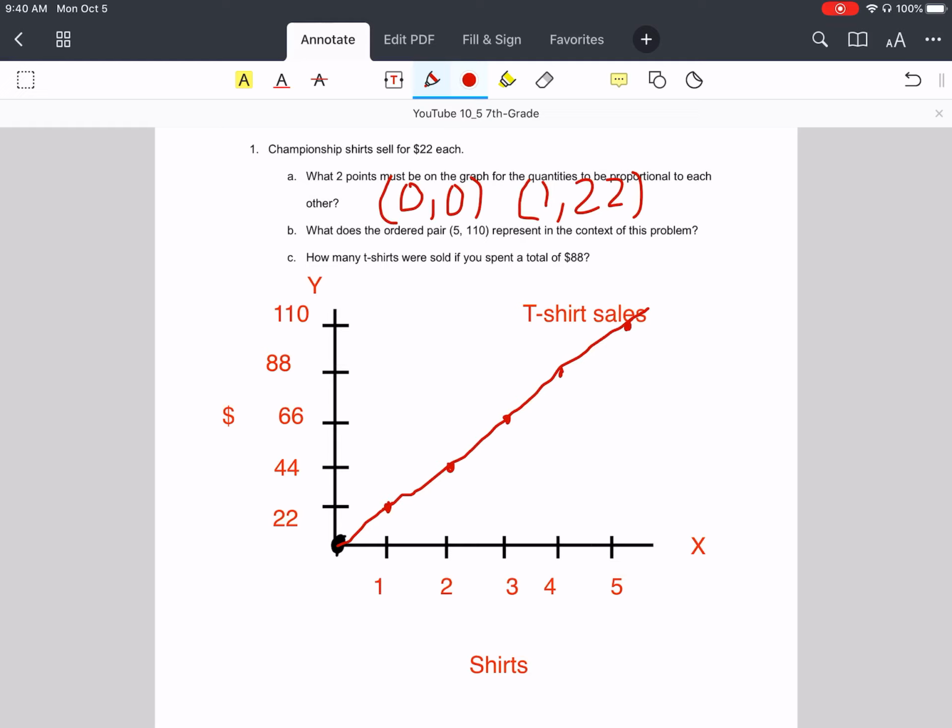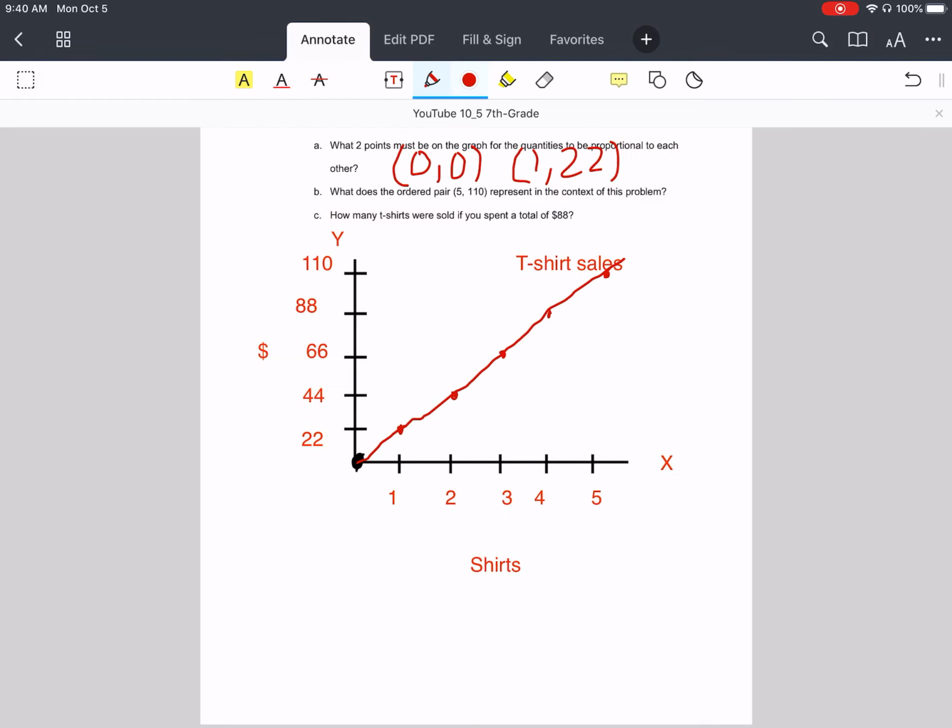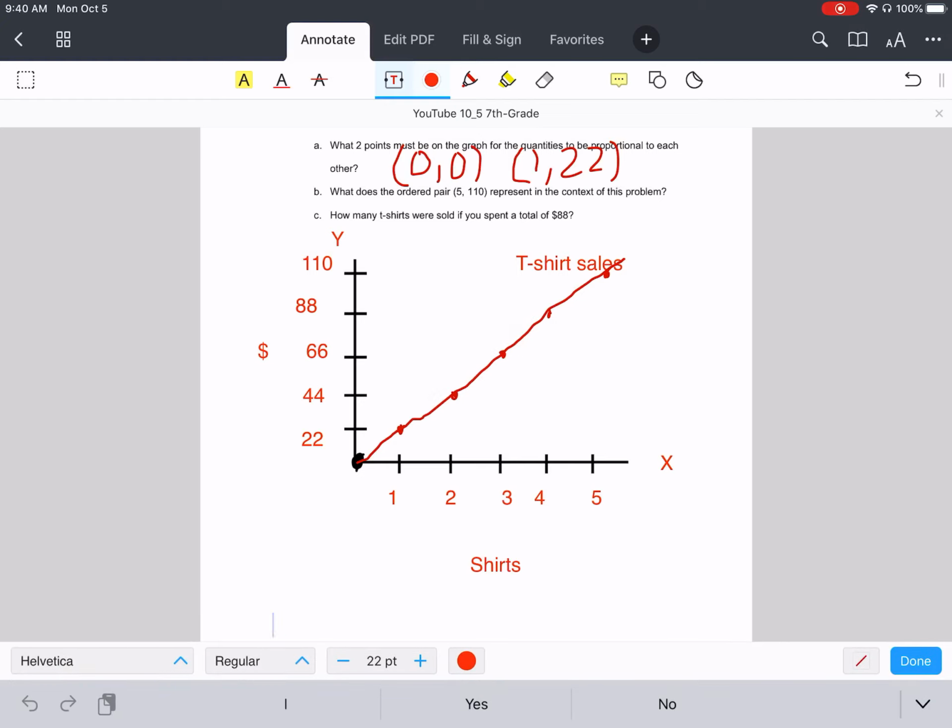So 1b says, what does the ordered pair 5, 110 represent in the context of this problem? Well, if you're looking at the point 5, 110, we can say that for 1b, 5, 110 represents 5 shirts for $110.